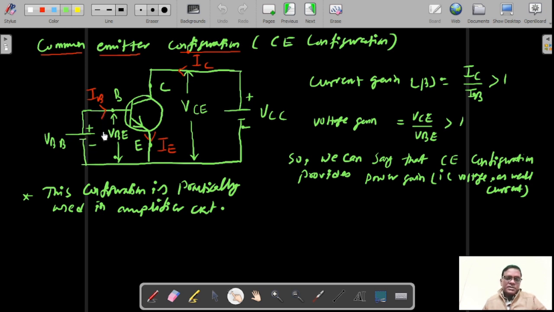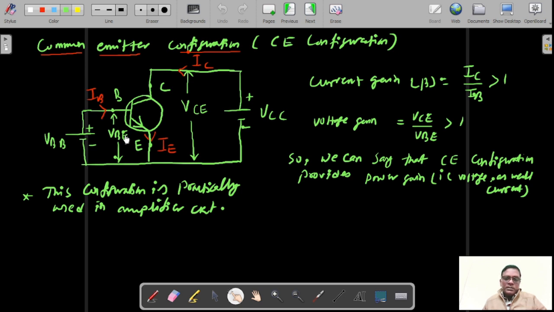So we have to just remember, in case of common emitter configuration, both the biasings are kept in positive directions. Here we represent the biasing voltages as VBB and VCC. Again, the voltage drop across the collector and emitter is VCE, and the voltage drop across the base and emitter junction is VBE.